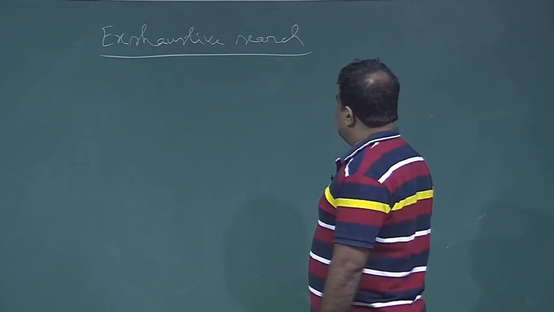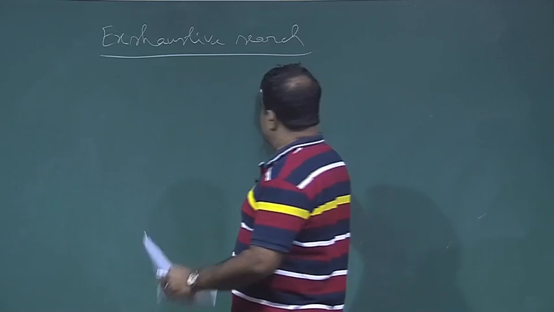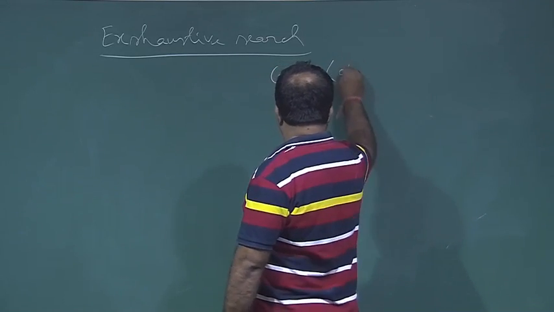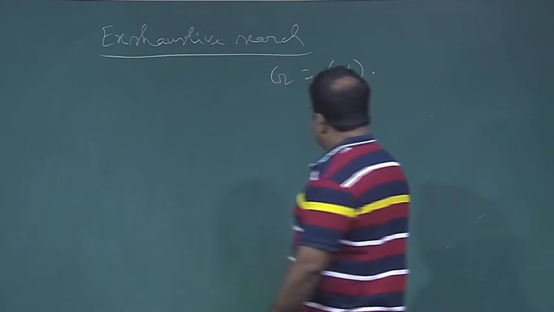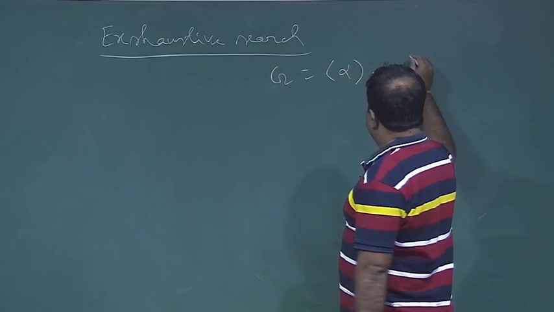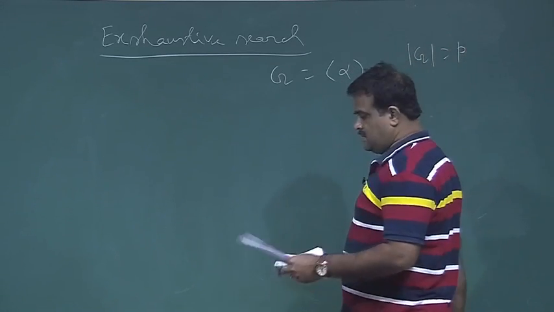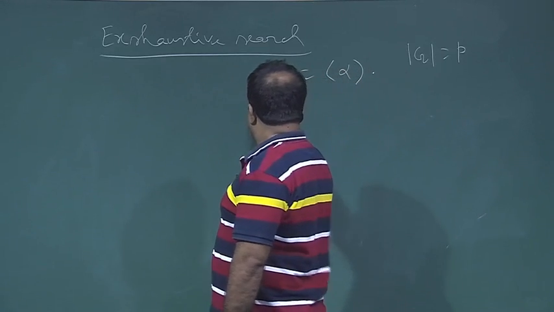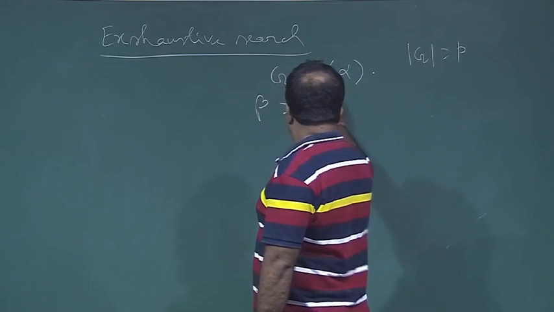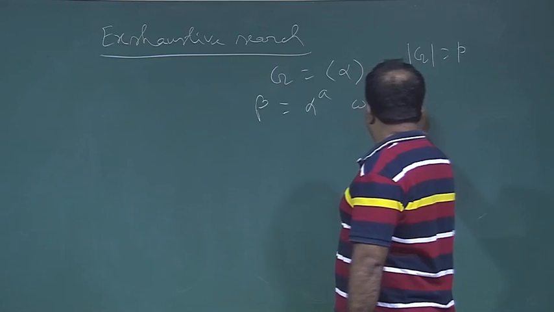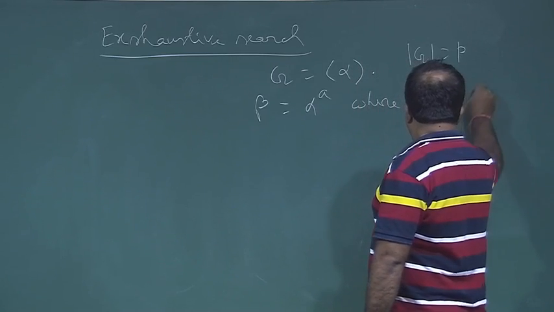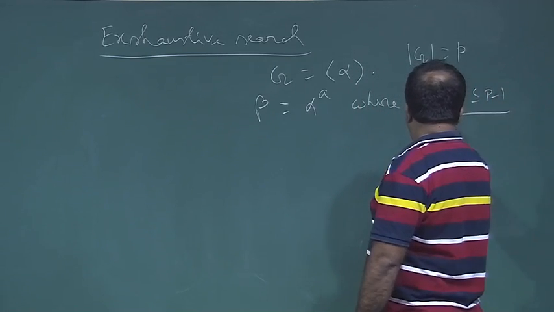So, what is the problem? We are given a group G which is generated by alpha, and the order of this group is, say, P. We are given a beta which is alpha to the power A, where A is from 0 to P minus 1.